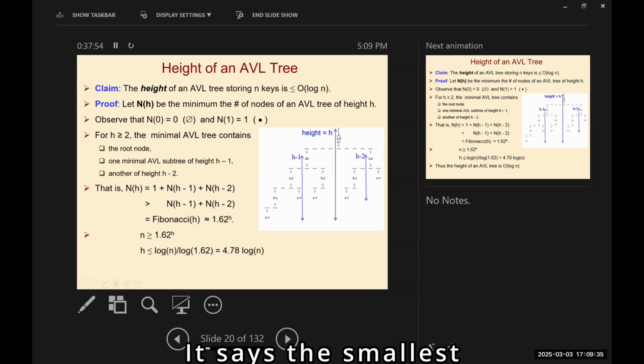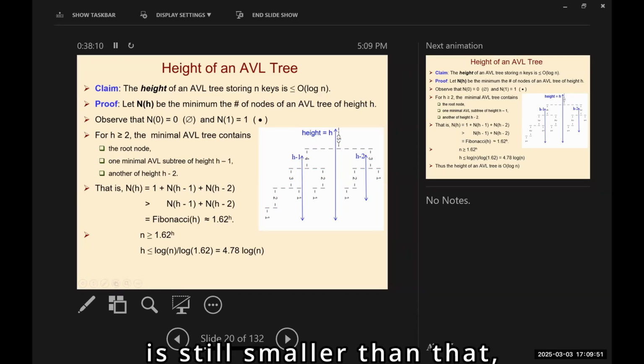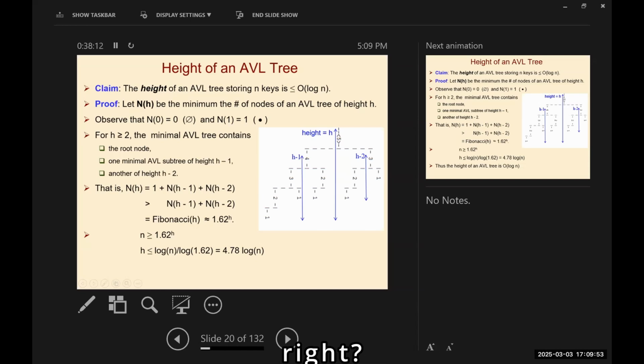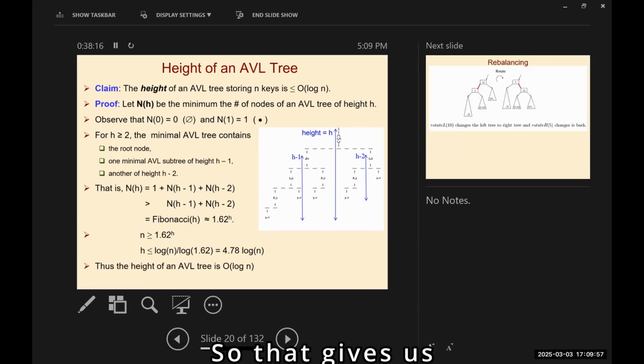It says the smallest n has to be at least this, right? So the other way of saying it is the biggest h has to be smaller than this, right? We turned it around, right? Does that make sense? So that gives us that the height of an AVL tree is O of log n, right? Everybody good?